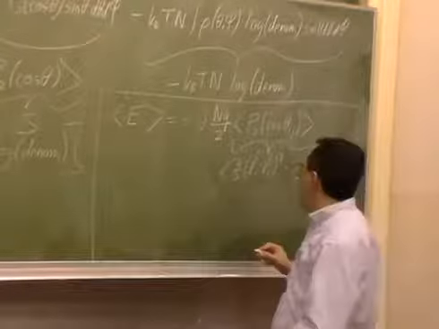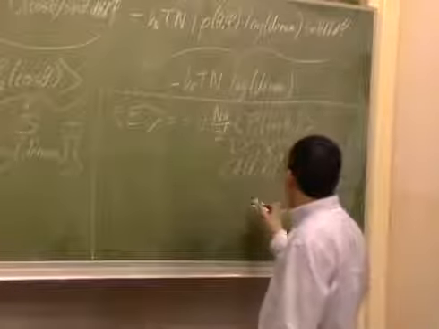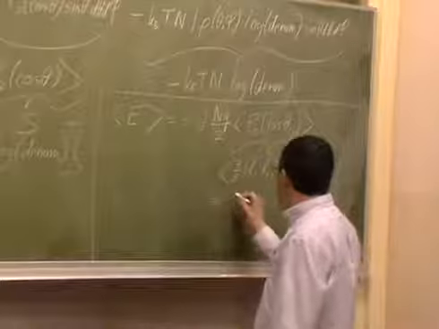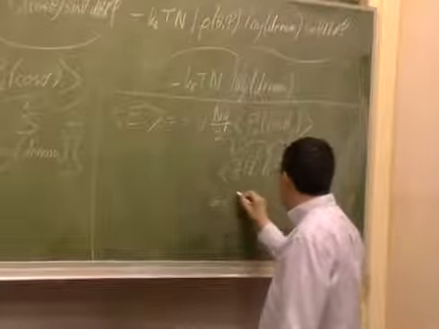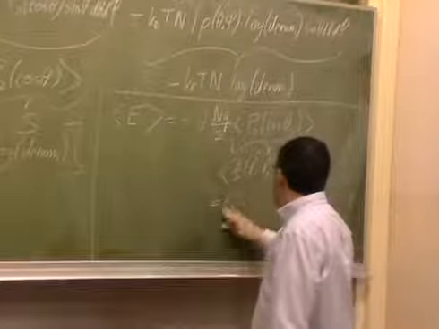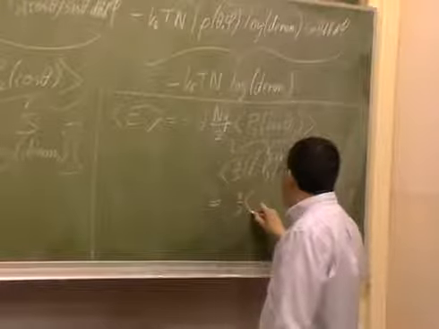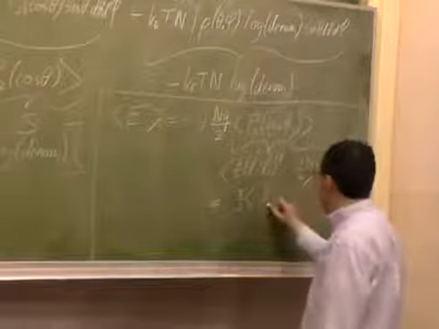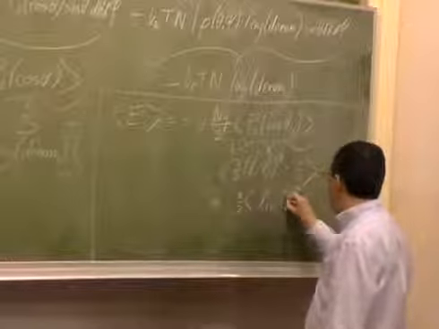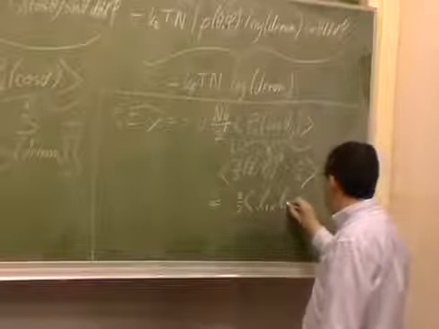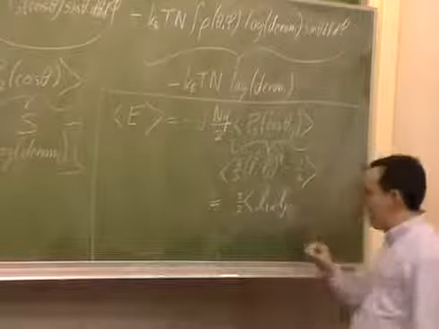Okay? So I will write this out in my nice tensor notation as 3/2 times the average of Li alpha Lj alpha, right?